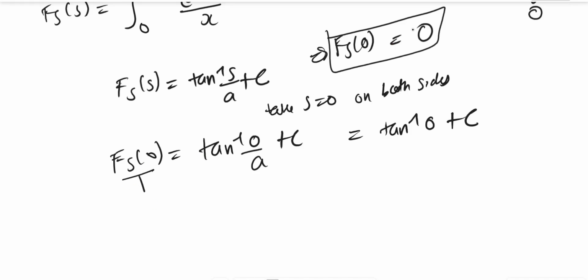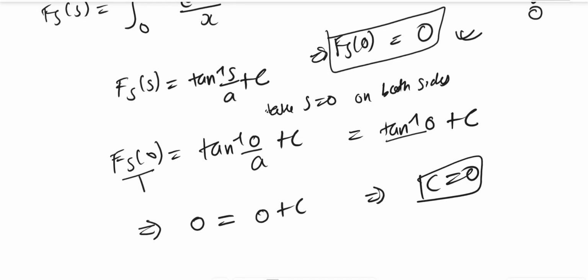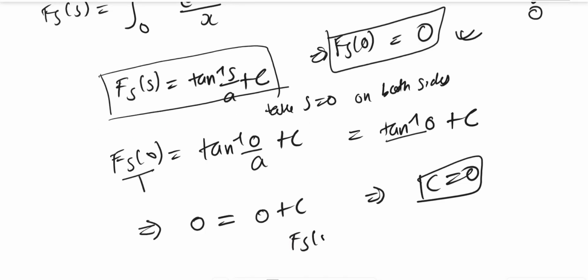This is already 0, which we found out here. Then this implies 0 is equal to tan inverse 0, which is 0, plus c. This implies c is equal to 0. Now we put the value of c as 0. So what will the final answer be? From this it is F_s(s) is equal to tan inverse s upon a plus 0, 0 in place of c. Then it is finally tan inverse s upon a.